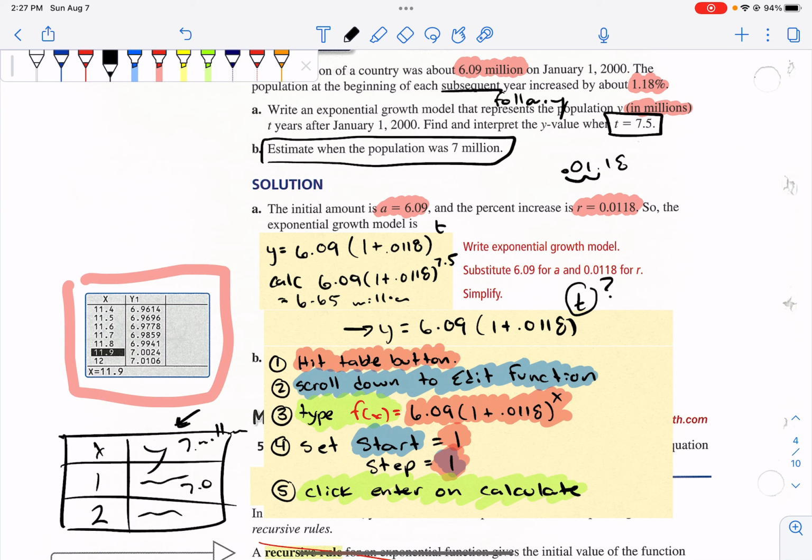So you want this to become 7.0. So you're going to scroll down until the Y value is 7 million. And that's going to give you an X value when that happens. I know in our function it's a t, not an x. All it is is a variable. Just know that the x and the t mean the same thing, okay?